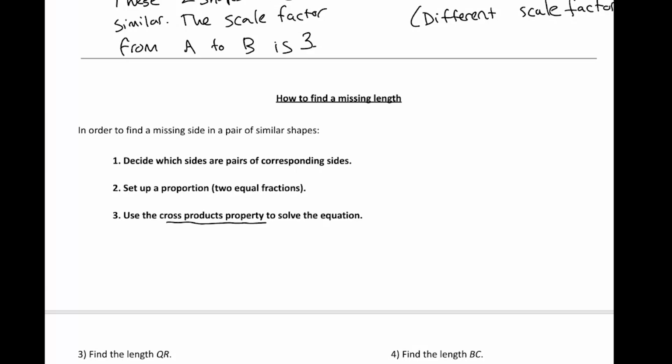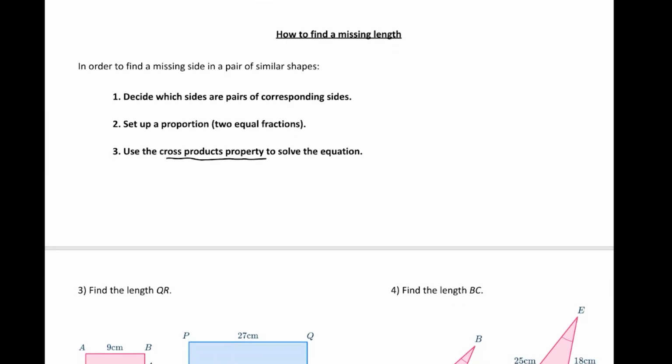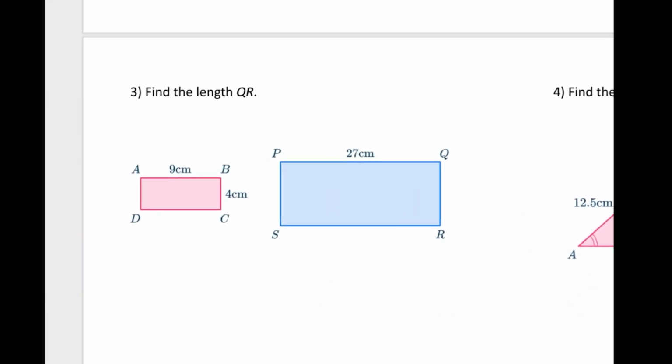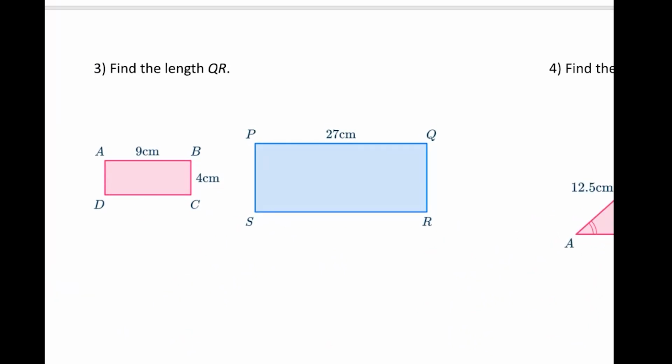So let's go through a couple of these problems so you can see how it's actually going to play out. This first one says, find the length of QR, which is that vertical side on the blue rectangle. And we're going to assume these are similar shapes, meaning that there should be some consistent scale factor between the smaller and the larger shape.